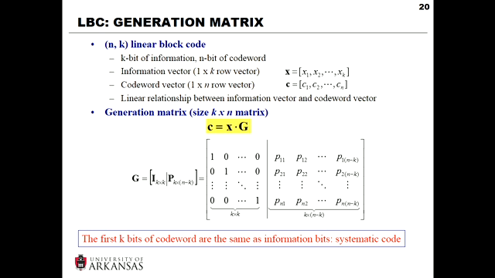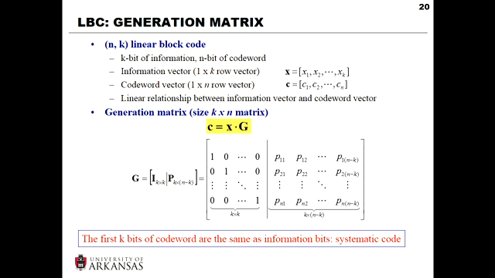So basically, we can use the information vector X multiplied by the generation matrix G, then we can get the code word. And the dimension of G is K by N, such that K bits of information are mapped to N bits of code word.